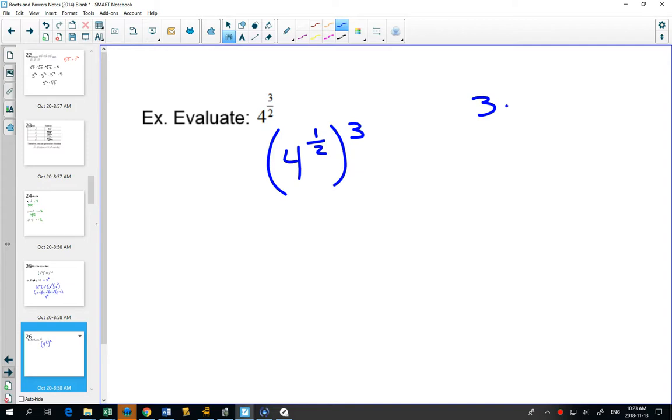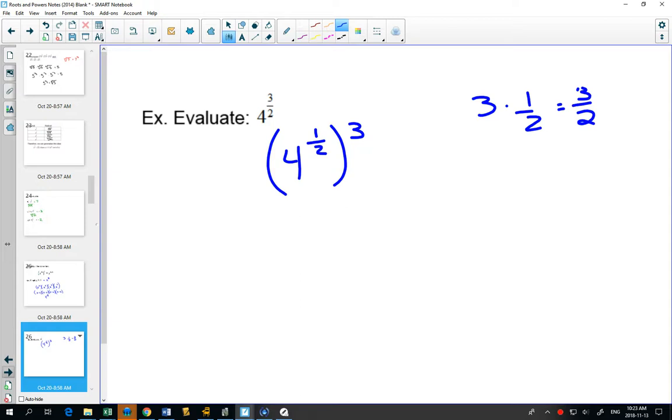Would you agree that 3 times 1/2 is 3/2? So if I break up the 4 to the 3/2 as 4 to the 1/2, to the 3, my exponent law says that that's the same thing, because I could just multiply my exponents and get 3/2.